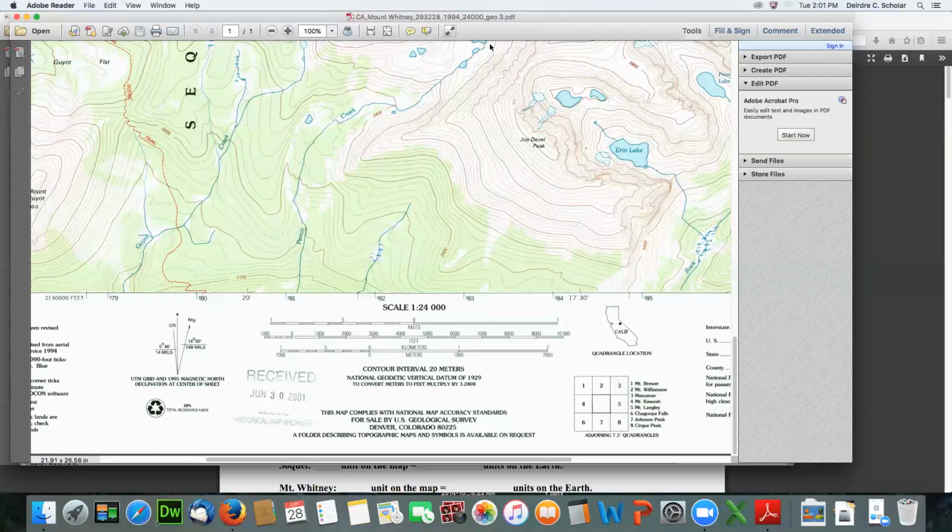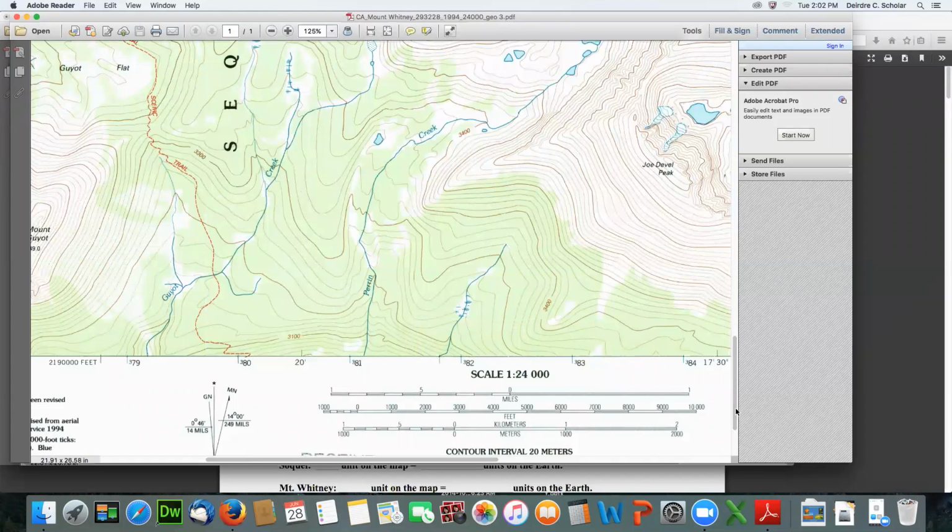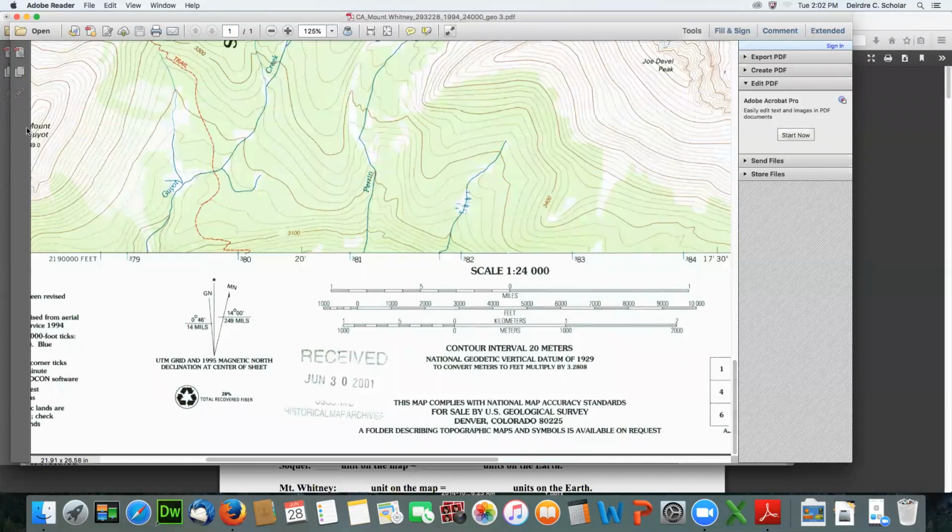The next question deals with the types of north that are shown on each of the maps. As we learned, there are indeed 3 types of north. So I want you to practice using the zooming in tool. As you zoom in on the lower portion of the map, we're going to see the norths that are represented here.